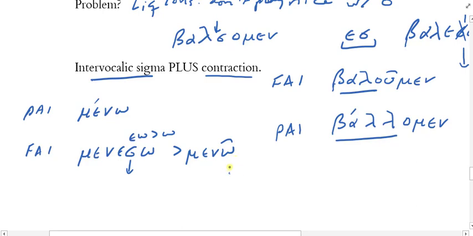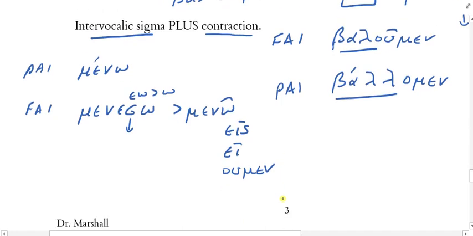It's going to end up being meno, menes, mene, menumen, menete, and finally menusin. What do you see in all these forms on page 172?